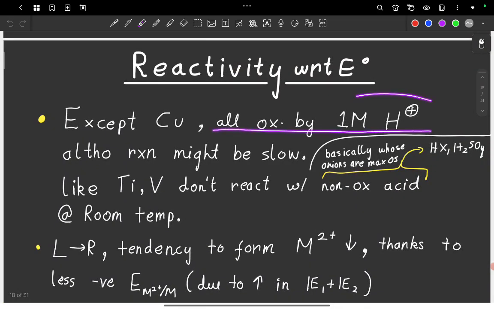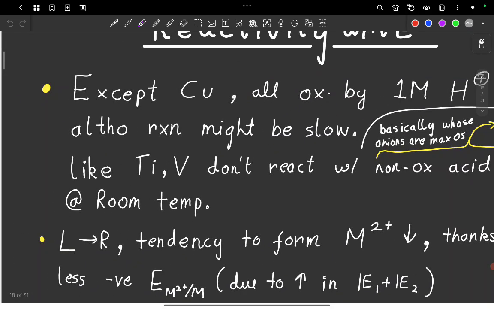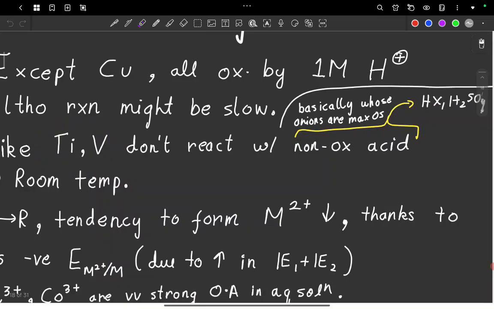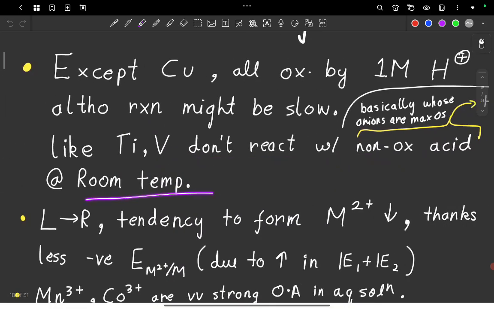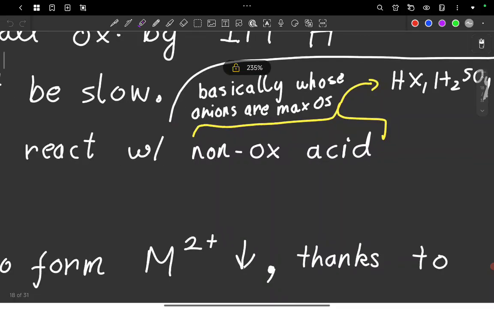Now, all of them are surely oxidized by this acid, but the reaction might be slow. For example, you might need wilder reaction conditions, because titanium and vanadium don't react with a non-oxidizing acid at room temperature. What is a non-oxidizing acid?